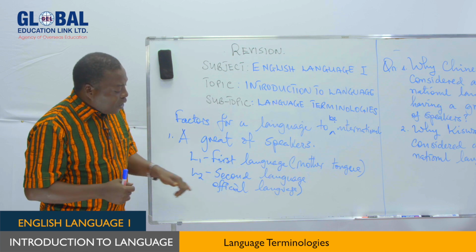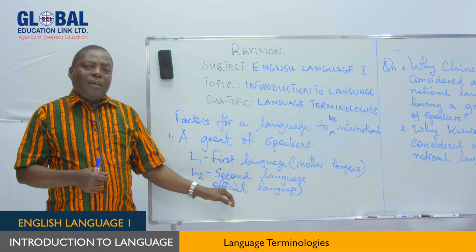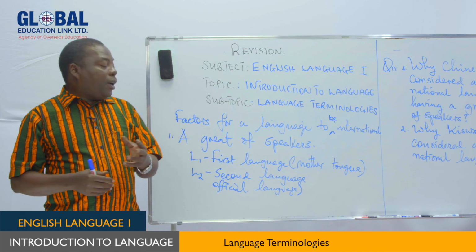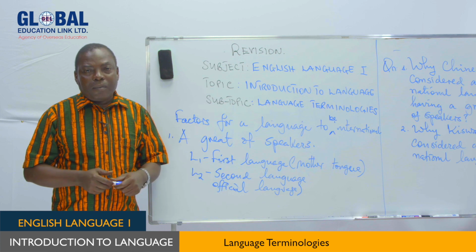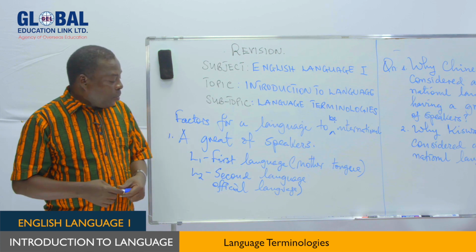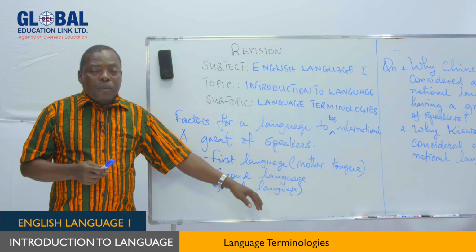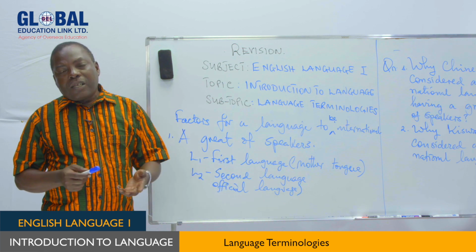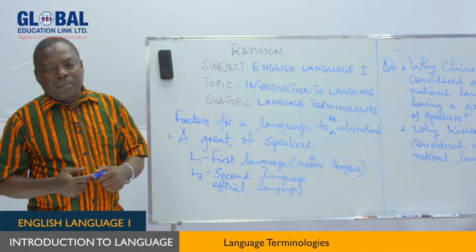So we are calling English an official language in a sense that it fulfills some of the internal governmental functions. I repeat, we call English an official language because it fulfills some of the internal governmental functions.